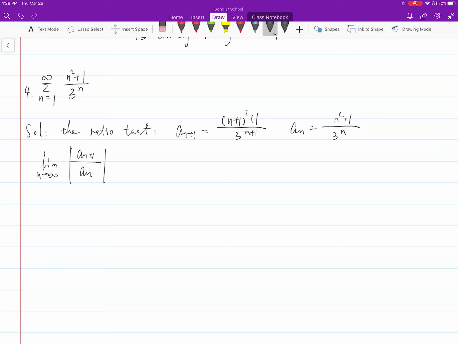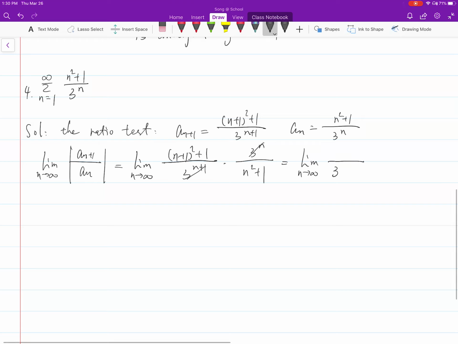Now, for the absolute value, since they are both positive, we can just remove the absolute value. What we have is a_{n+1} divided by a_n, and then I flip them. Keep going. You can see 3 to the n plus 1. What you have here is one more 3 left on the bottom.